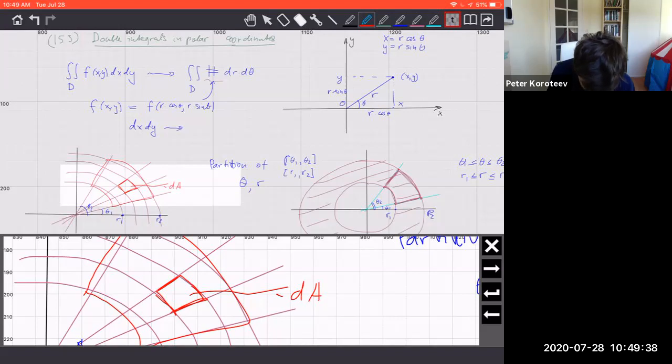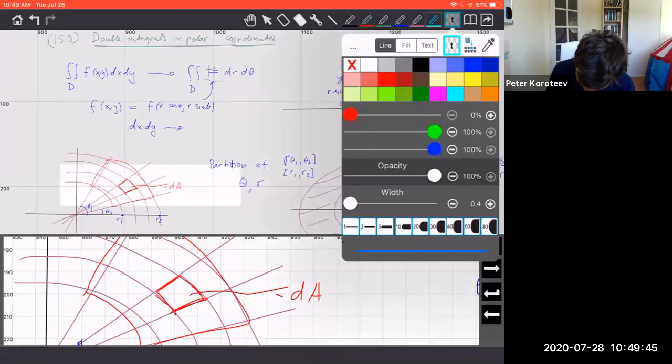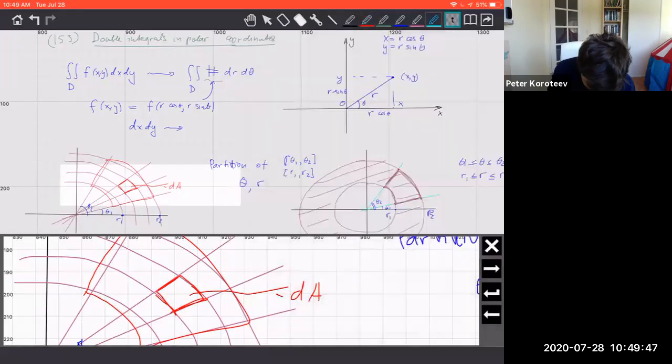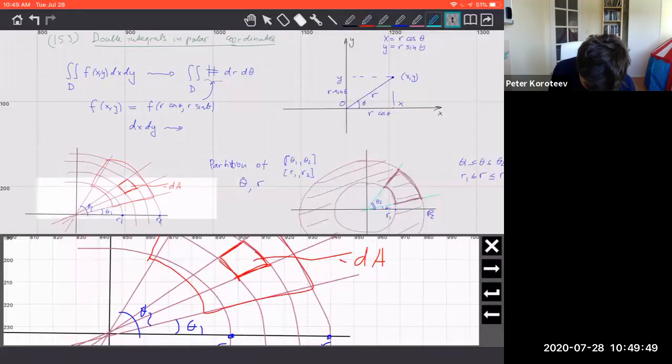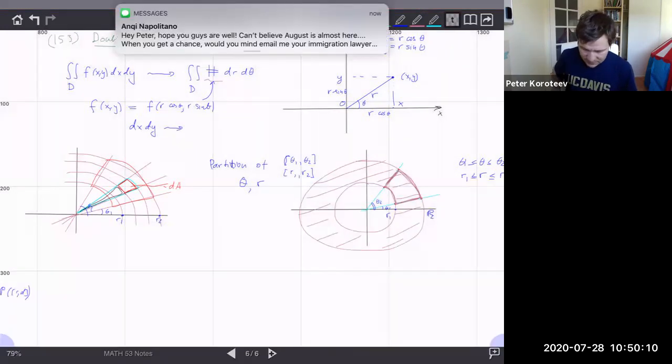In order to calculate the area, we can take the area of the sector. So we can take this sector here, compute its area, and then subtract some more fancy colors here, and then subtract the area of that sector.